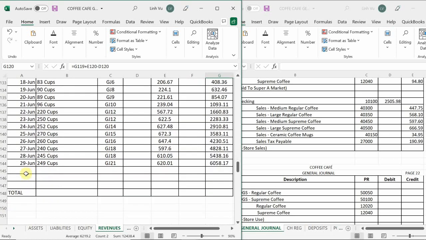Medium Supreme. How many cups? 240. For a total of 597.60. Grand total. 6,655.77.